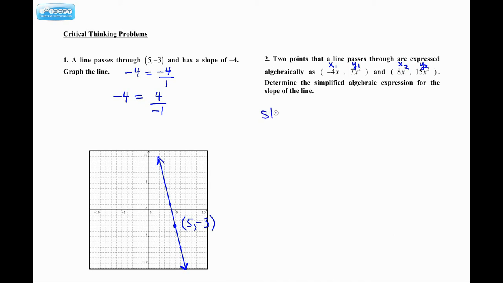So now that we've established that, remember the formula for slope is delta y over delta x, or y2 minus y1 over x2 minus x1.